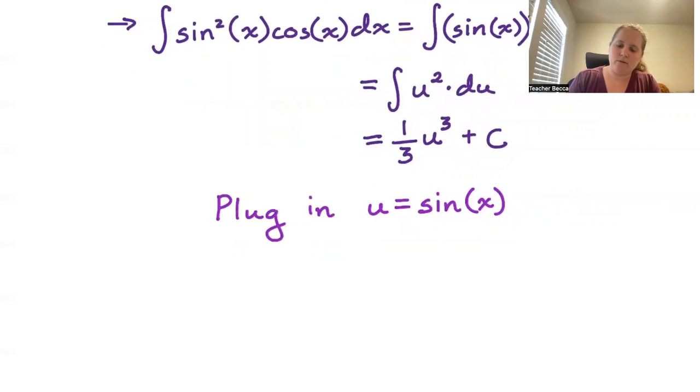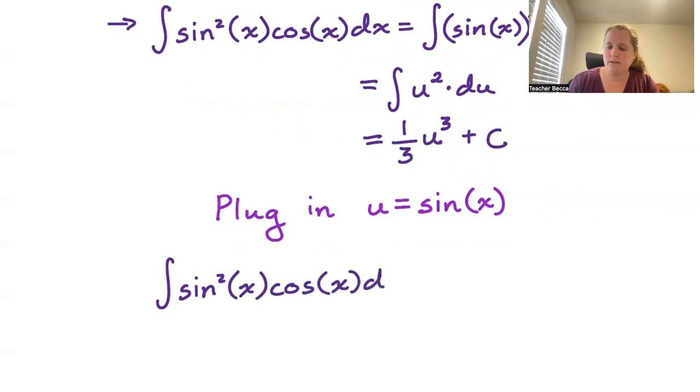And we have that our integral of sine squared of x cosine x dx is equal to 1/3 sine cubed of x plus c.